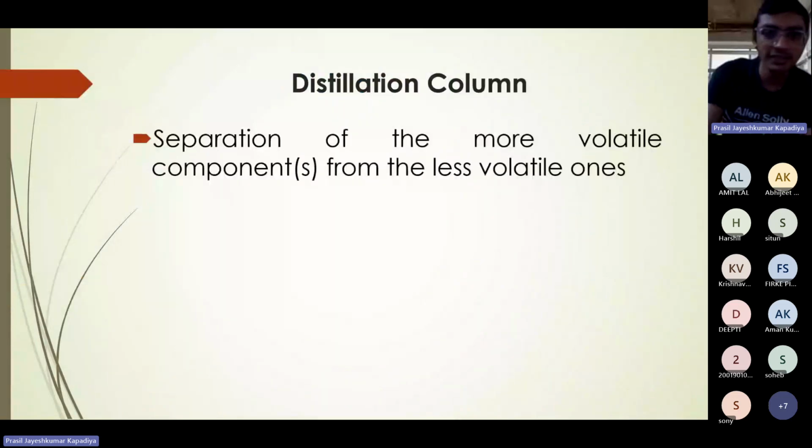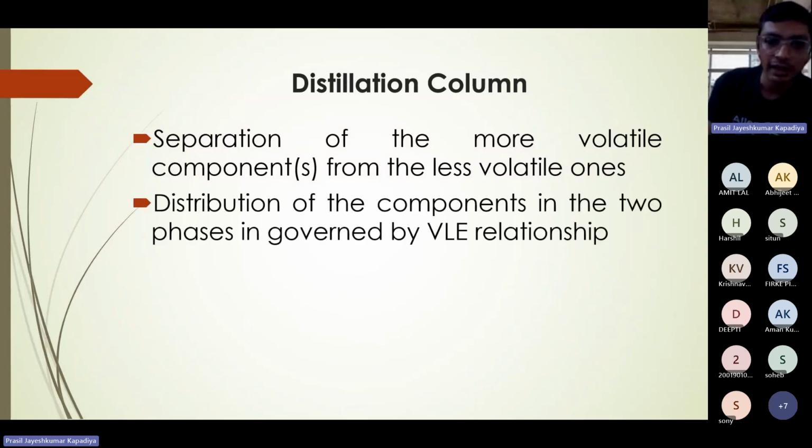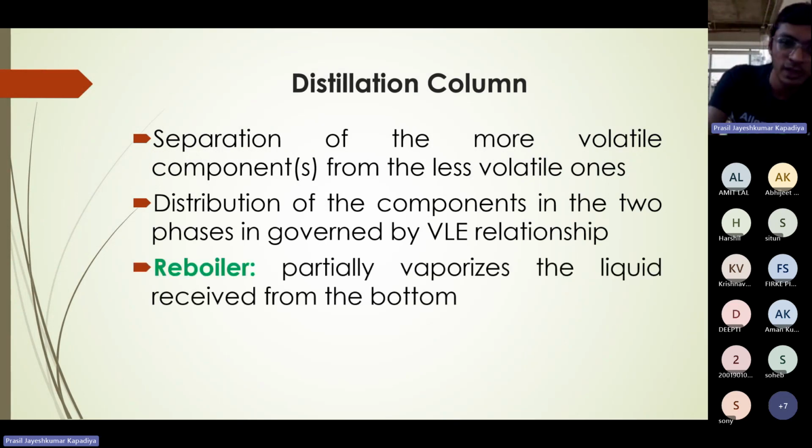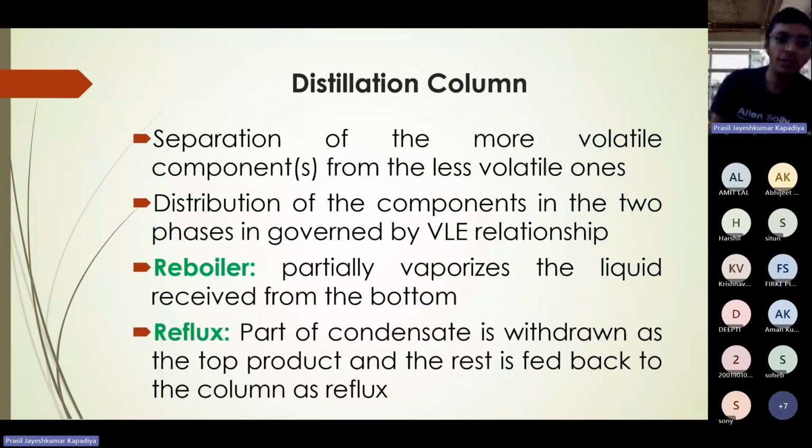The distillation column works on the separation of more volatile components from less volatile ones, and the distribution is given by the vapor-liquid equilibrium relationship. We have one reboiler and one reflux drum. The reboiler is at the bottom to partially vaporize the liquid product obtained from the bottom, and for reflux, a part of the condensate is withdrawn as the top product and the rest is fed to the column as reflux.